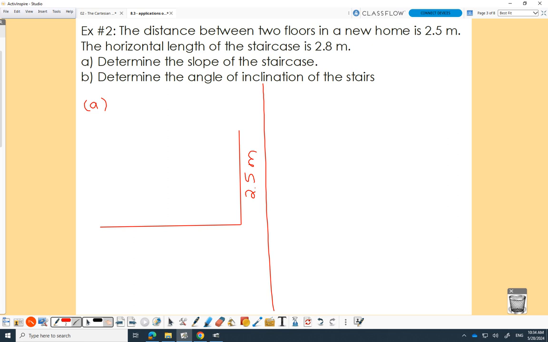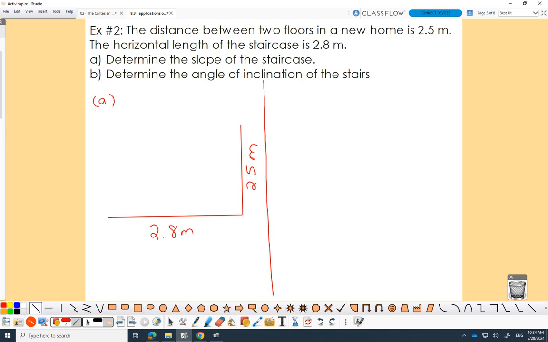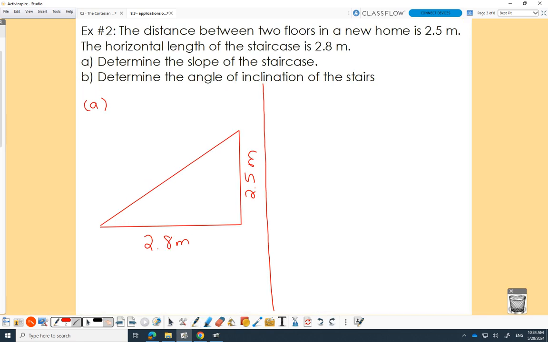And it says the horizontal length of the staircase is 2.8. Horizontal is 2.8 meters, and I'm making it a triangle. I know they say it's a staircase, so if you're not feeling too good about my picture, like, where's the staircase? Here, you can put the stair. It's like, here's the staircase.